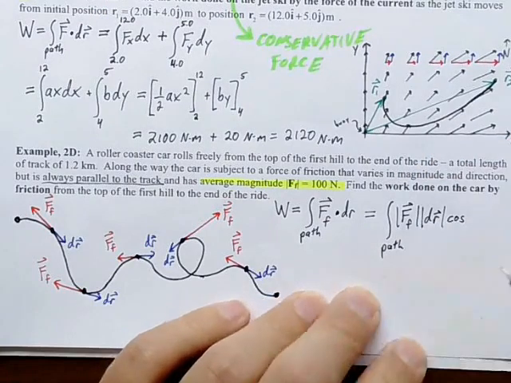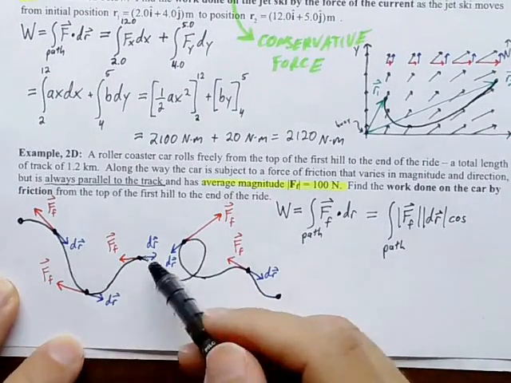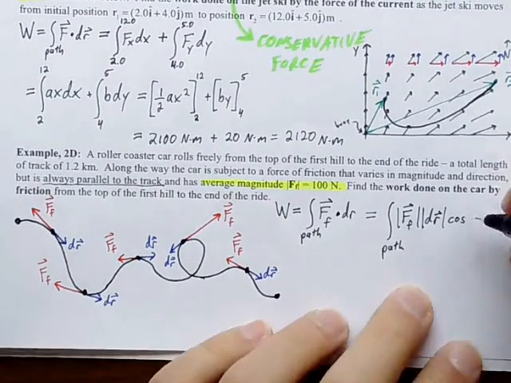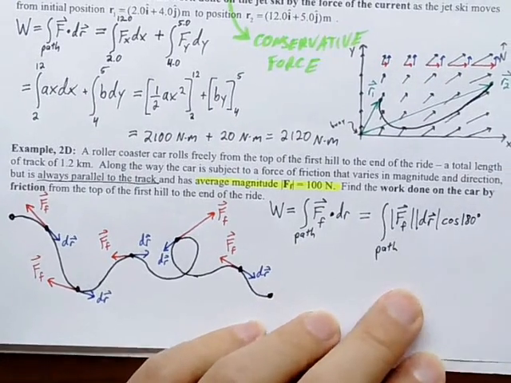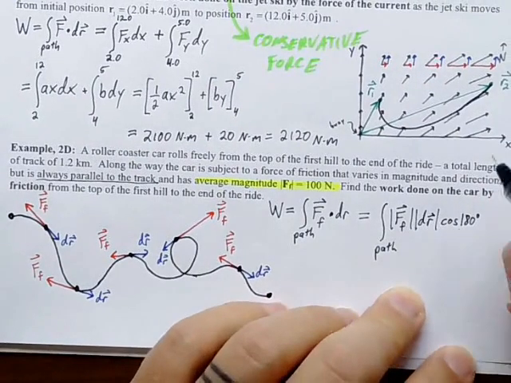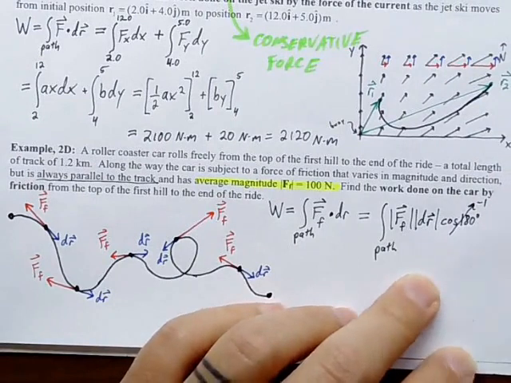times the cosine of the angle between those two vectors. And note that since they are anti-parallel at all times, the angle between them is always 180 degrees. That's really the key. And cos 180 is -1.